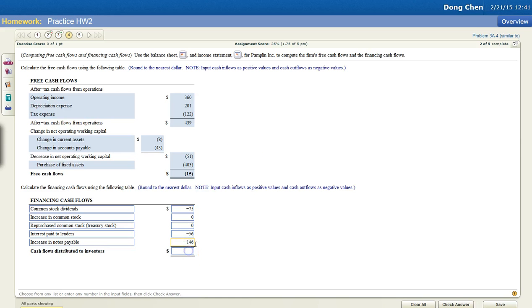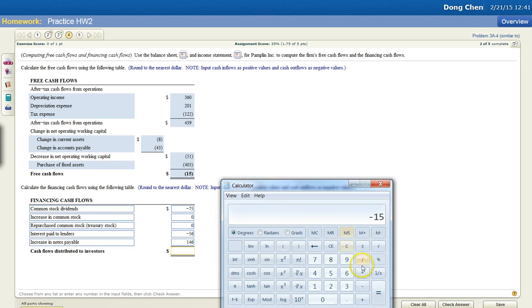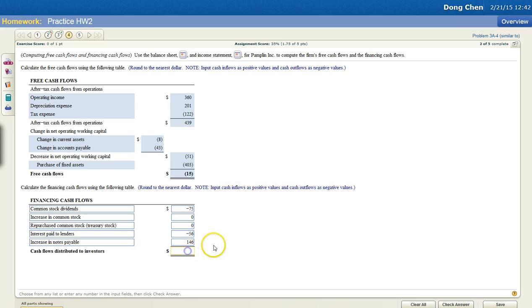So the financing cash flow is simply the sum of all these cash flows here. So let me pull out my calculator. Negative 75, then subtract 56, then add 146, and that gives me 15.